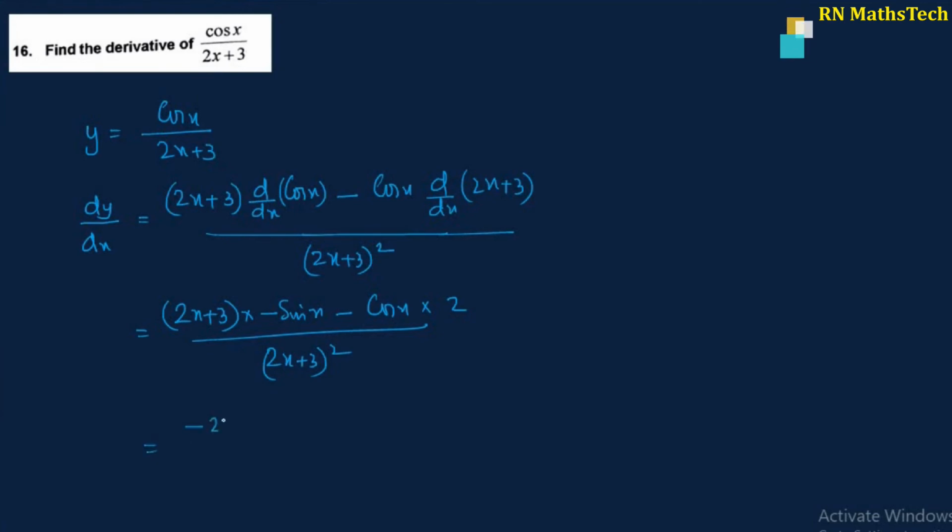So minus 2x sin x minus 3 sin x minus 2 cos x the whole divided by 2x plus 3 the whole square. Okay.